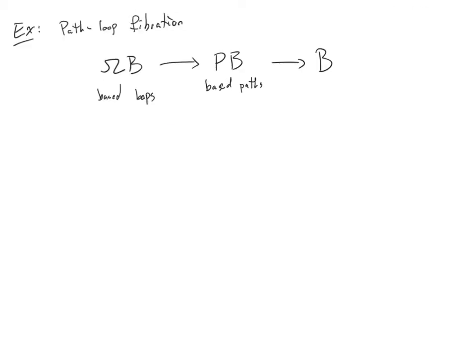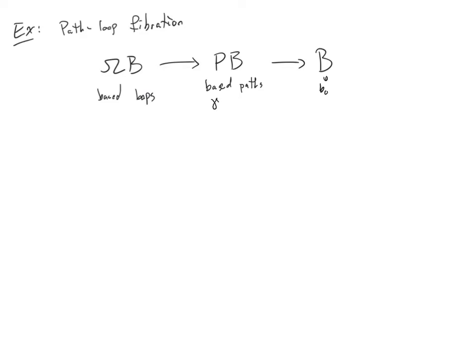The first really cool example is the path loop fibration. If B is a based space, then you can take based paths, and these have to start at the base point b0.